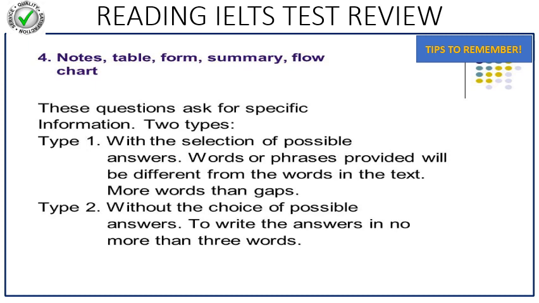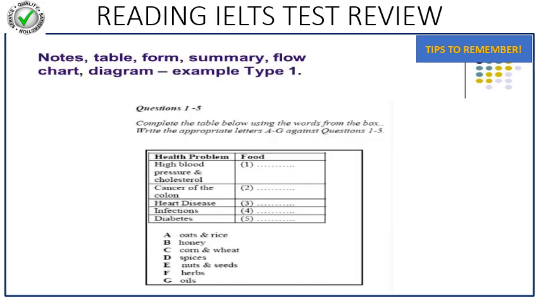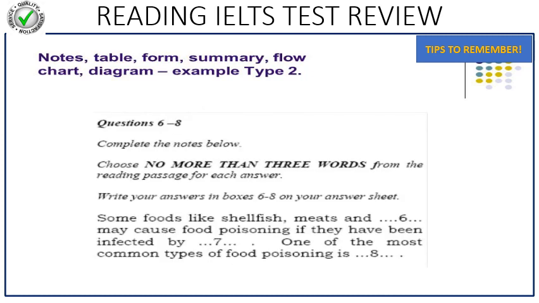Type 2, without a choice of possible answers: write the answers in no more than 3 words. 17. Notes, table, form, summary, flowchart, diagram, example type 1. 18. Example type 2.